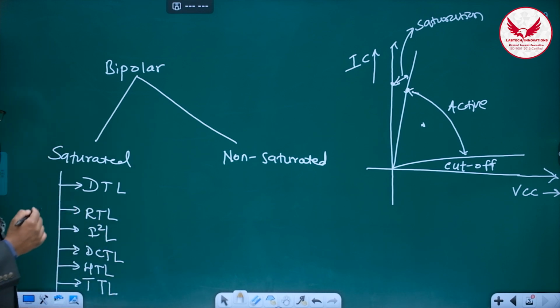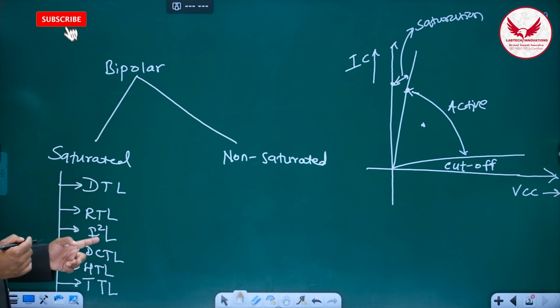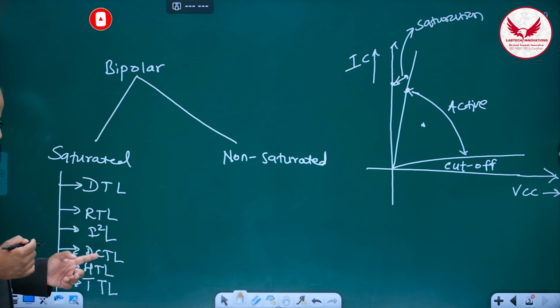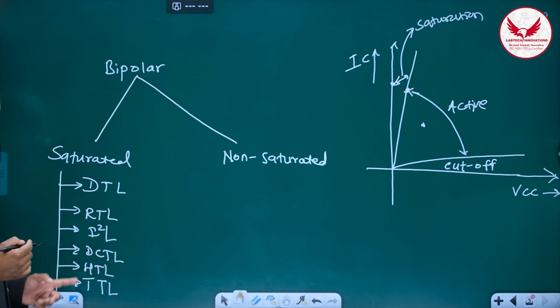So DTL stands for diode transistor logic, RTL resistor transistor logic, I square L integrated injection logic, DCTL direct coupled transistor logic, HTL high threshold logic, and TTL is the transistor transistor logic. That is, transistors are employed to construct the IC.